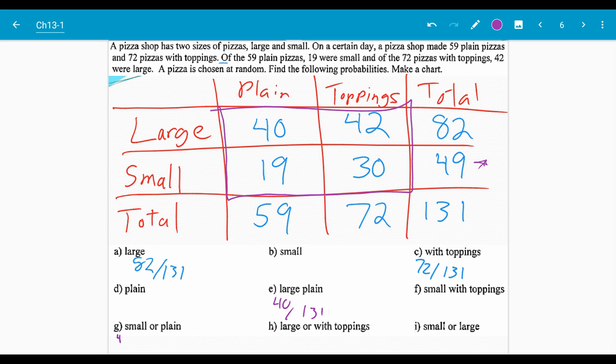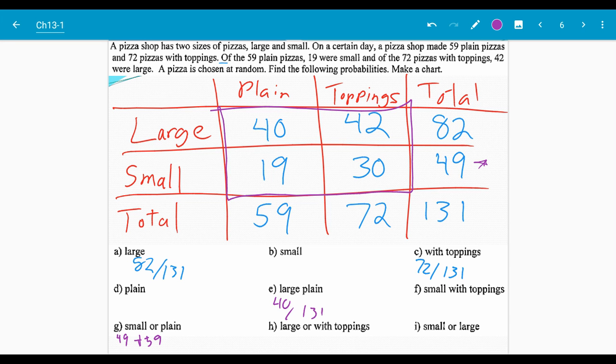So let's start adding these here. 49. You could put it over the 131 right now, but let's just go with the numerators. Or plain pizza, we have 59 plain pizzas. Okay? So 49 plus 59. We can add those together because we know that or means add, and we have 108 pizzas. 108 pizzas out of our 131.